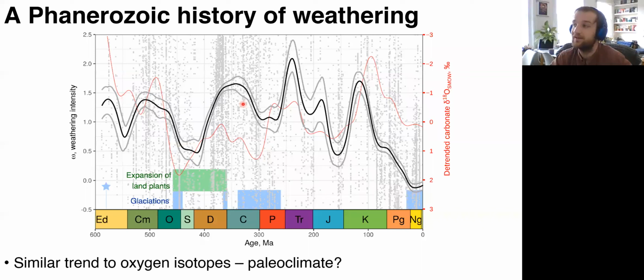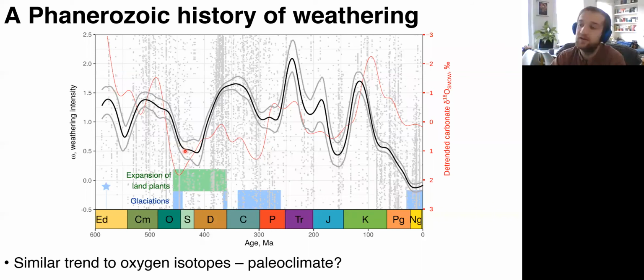So we have peaks in oxygen isotope composition corresponding to warm periods during these periods of elevated weathering intensity in the Triassic, the Cretaceous, and the Cambrian as well. So this appears to indicate some sort of link between climate and weathering intensity.